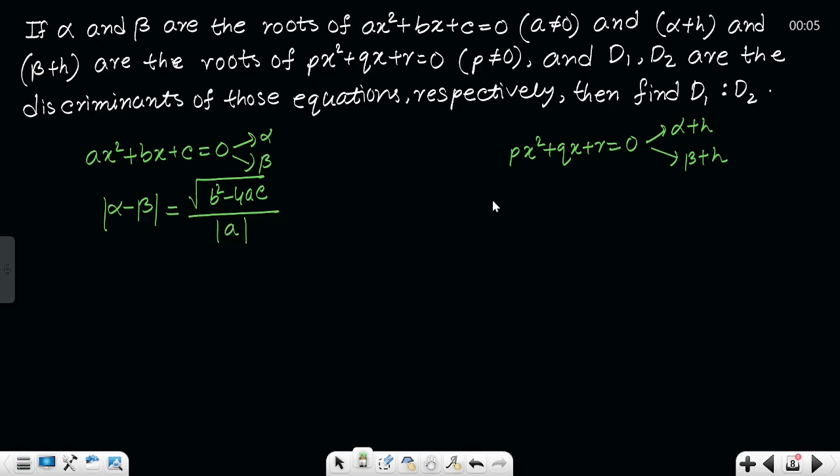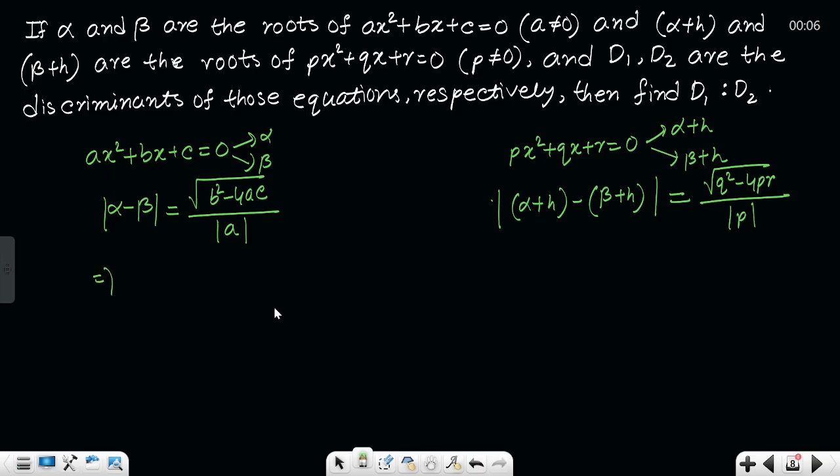And also find the difference of the roots here. So we will get alpha plus h minus beta plus h, equal to, here also it is root d by mod a, so here d is q square minus 4pr, and our x square coefficient is p, so mod p. Clear?